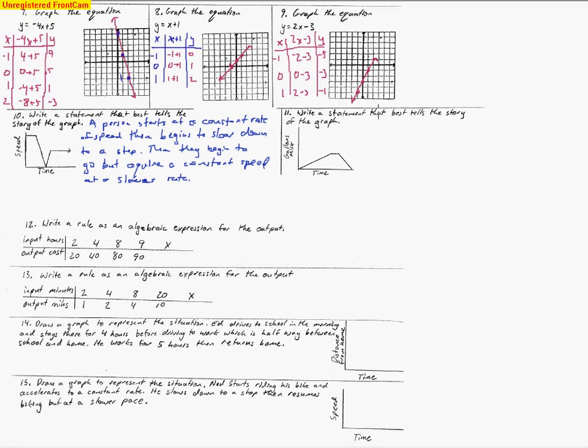Now the next one, same sort of thing. I come up with a story that best tells the graph. So it looks like this is gallons of milk, and this is time. So it looks like at this point we've got an empty container. So an empty container fills with milk at a constant rate.